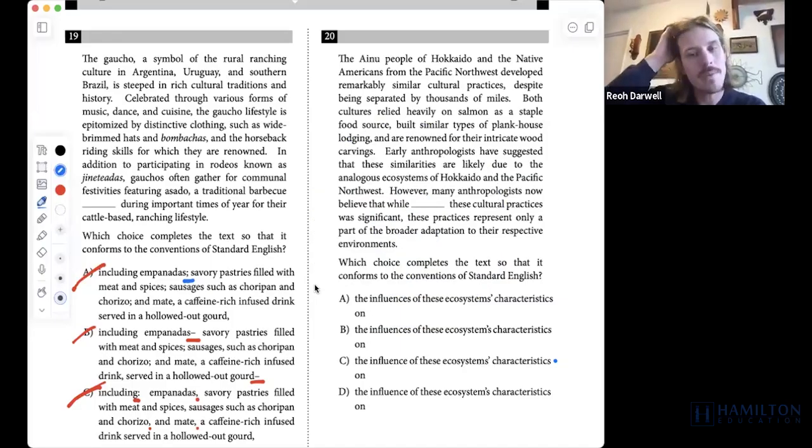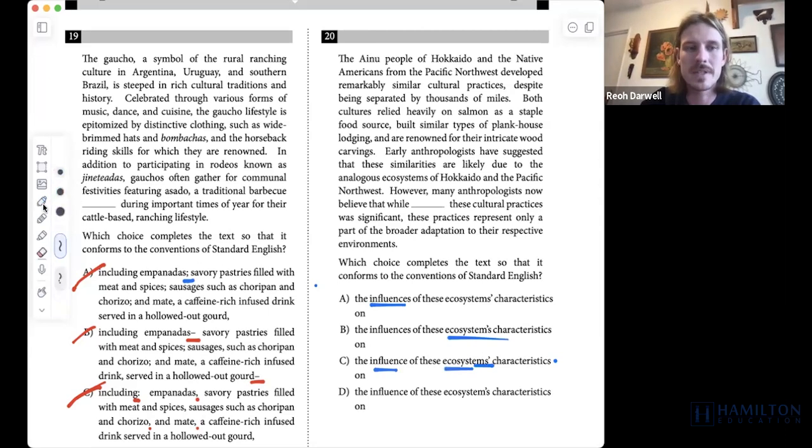All right, so question 20, we have a few things that we need to consider. We're looking at influences versus influence, and ecosystems versus ecosystem's: ecosystems where the apostrophe comes after the S, or ecosystem's where the apostrophe comes before the S, and whether we want influence singular or influences plural. So why do we want influence singular?